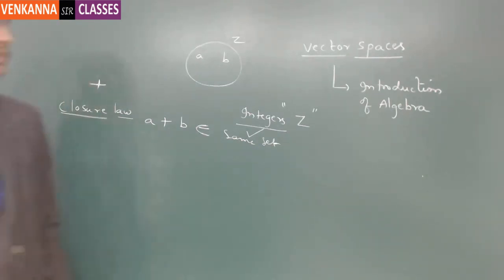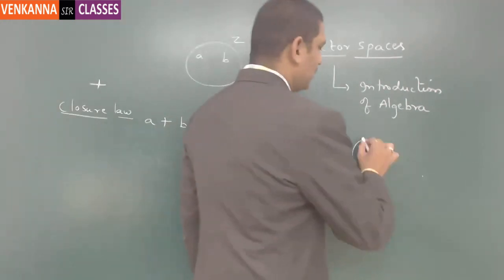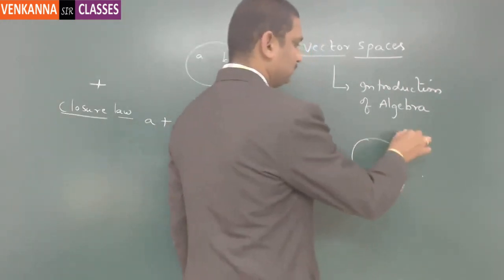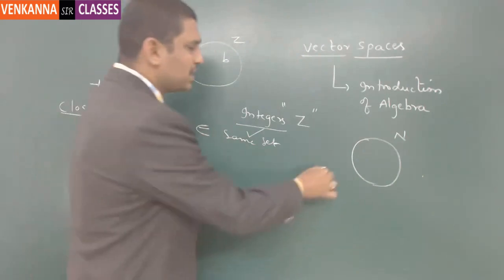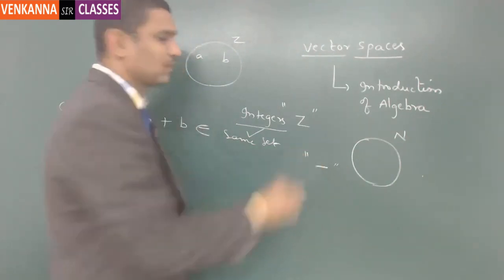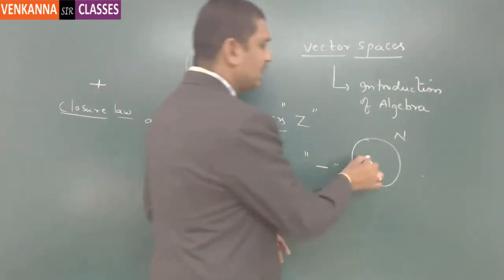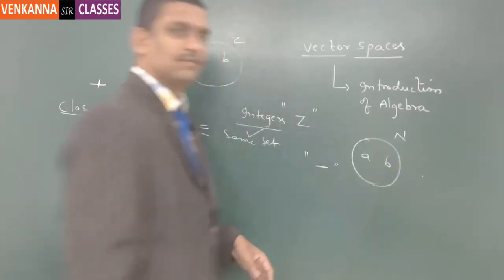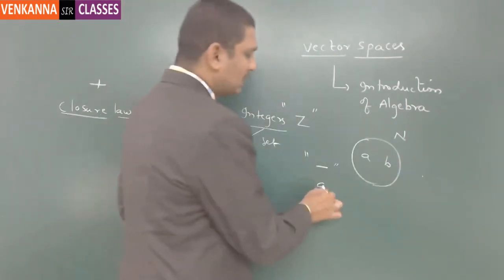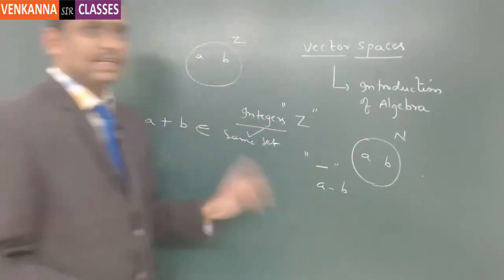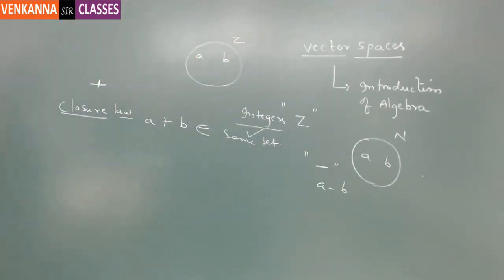For example, if you take natural numbers, take the operation minus. If you take any 2 natural numbers, if you subtract them, is it a natural number? Yes or no?